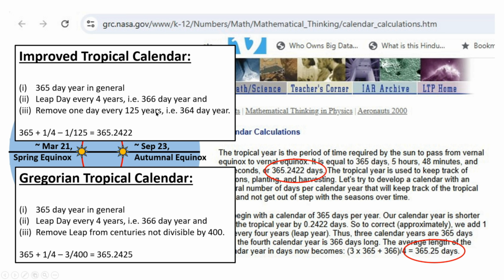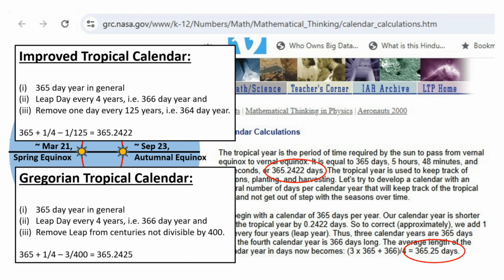Here we have to check divisible by 4, divisible by 100, and divisible by 400. And this gives the value of 365.2422, which is exactly up to 4 decimal places. This is the exact value.